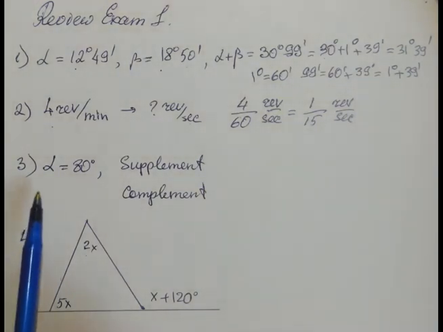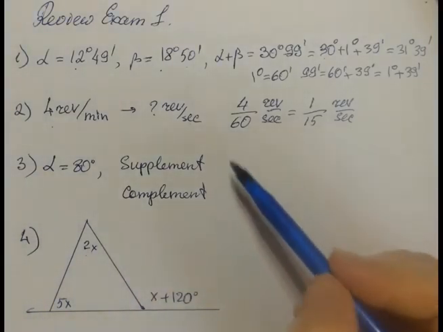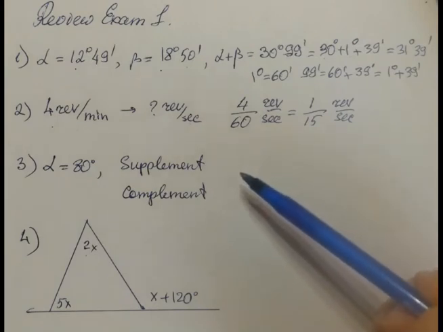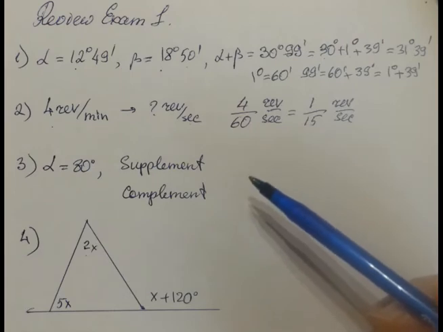In this problem, we are given the angle alpha equals 80 degrees. We want to find its supplement and its complement. So the sum of supplementary angles equals 180 degrees.